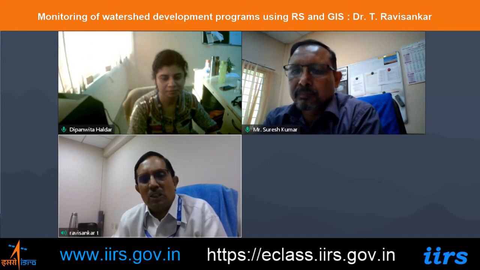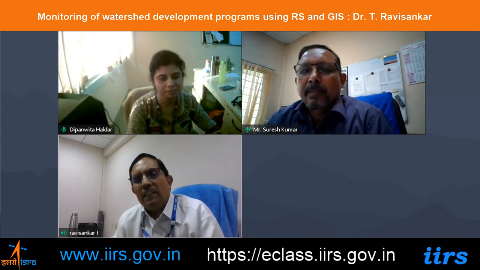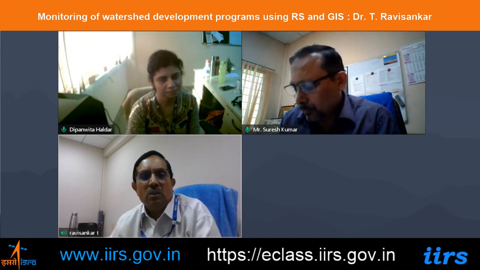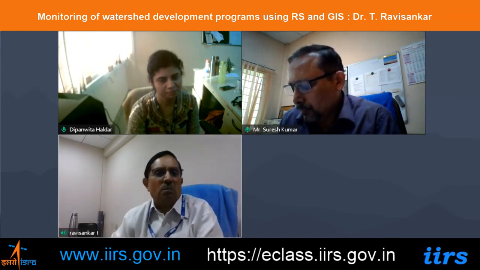In between, the slope can be analyzed, and we can break it into upper reaches, middle reaches, and lower reaches, and then plan the activities accordingly. At the upper reaches, soil conservation or afforestation can be planned. At lower reaches, where the slopes are very gentle, the treatment plans are different. At the middle level, you need to stop the water, so you go for contour trenches or water harvesting structures. Farm ponds you should place at the lower elements of the slopes, where agriculture is there and slopes are not much.